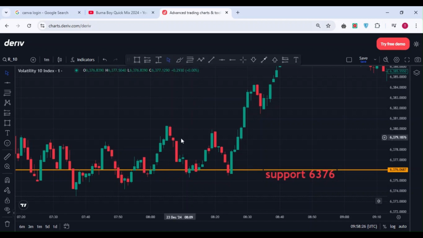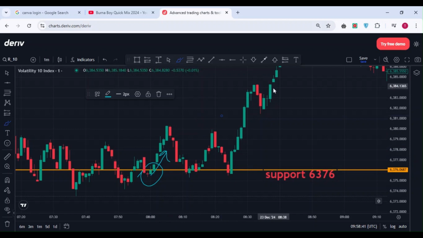So whenever you come across this point, you will know it is on the support level, so a potential uptrend. Those are the key things that you look at.